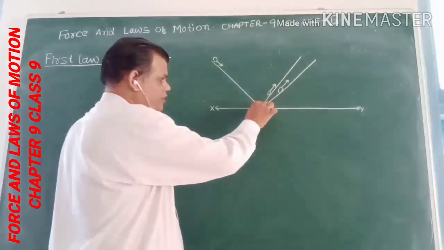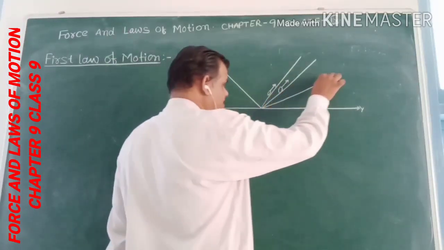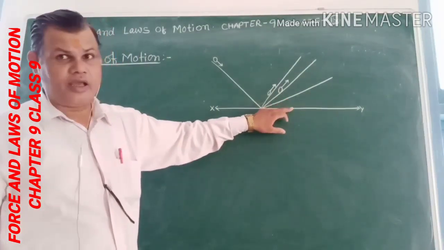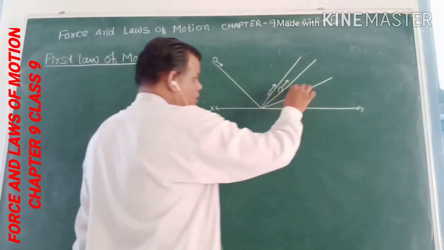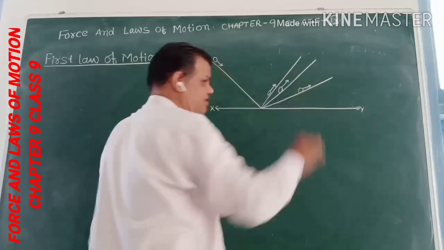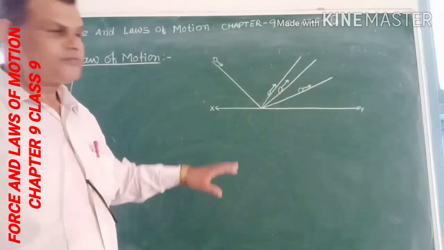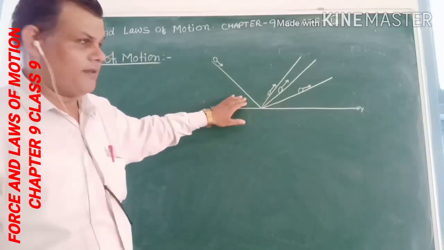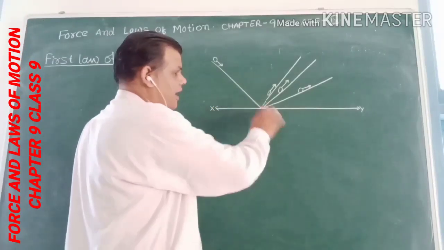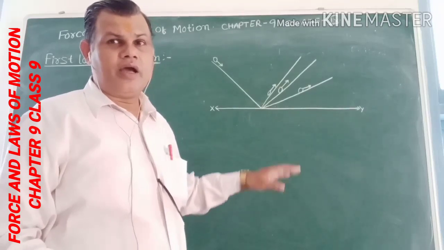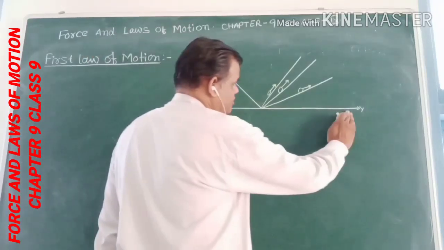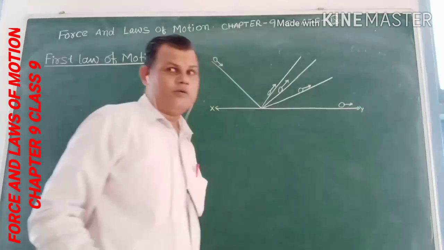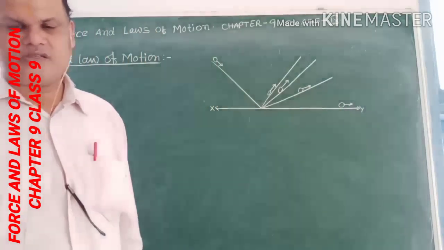But you can see, if I decrease this inclination angle, now this marble will go to a larger distance to reach the height from which it came. And if I reduce the inclination to zero, that is to this, then you will observe that the marble moves to a much larger distance.